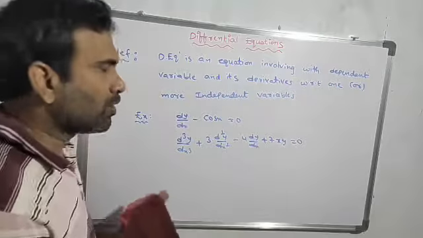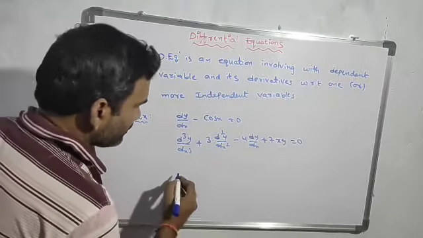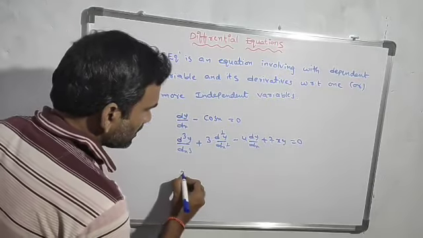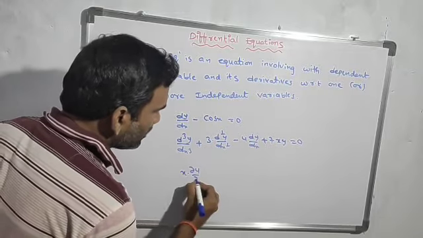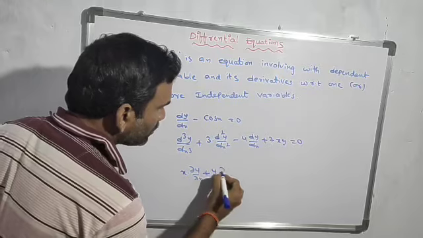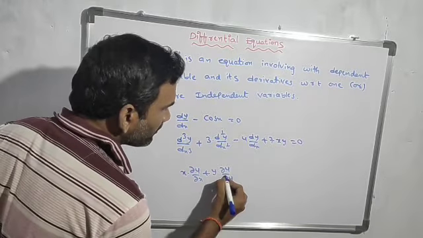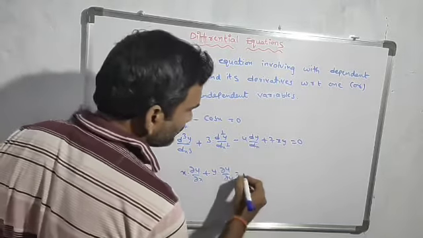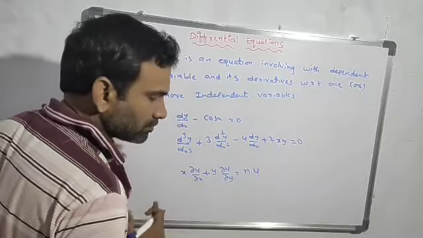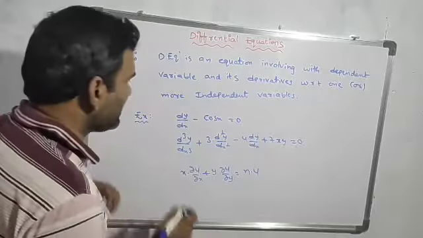Next, x into dou u by dou x plus y into dou u by dou y equal to n into u. Here I am taking three examples.